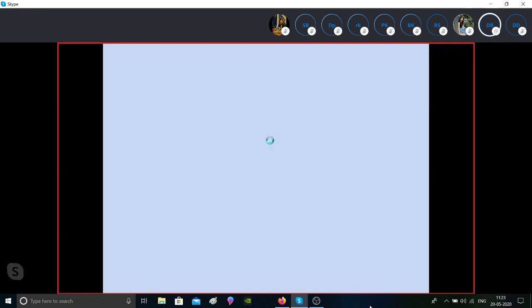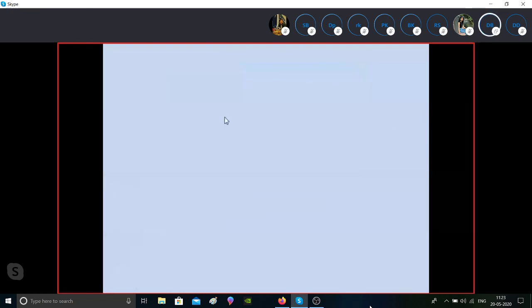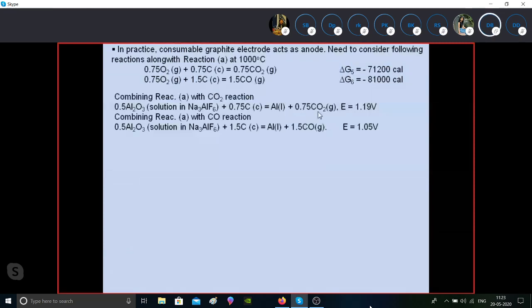The overall reaction was 0.5 alumina giving aluminium and 0.75 oxygen. So I combine this with the CO2 reaction, and my reaction becomes 0.5 alumina plus 0.75 carbon gives aluminium plus 0.75 CO2.